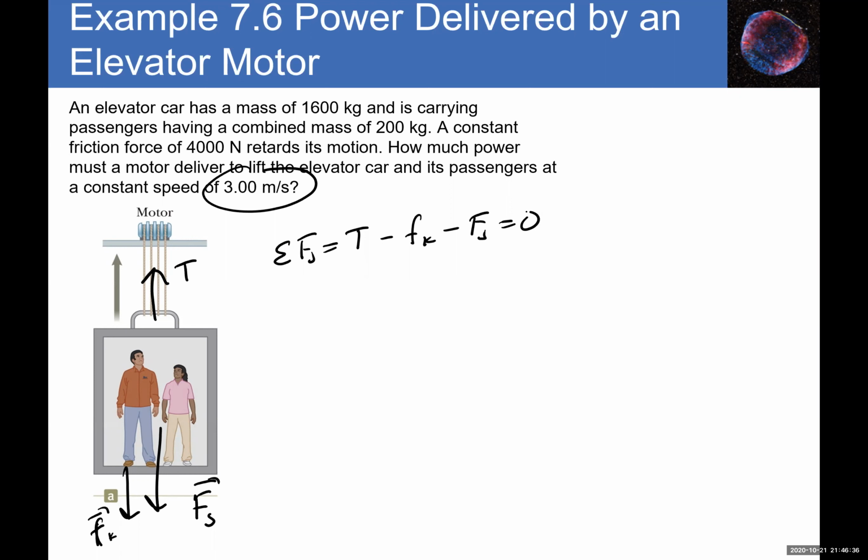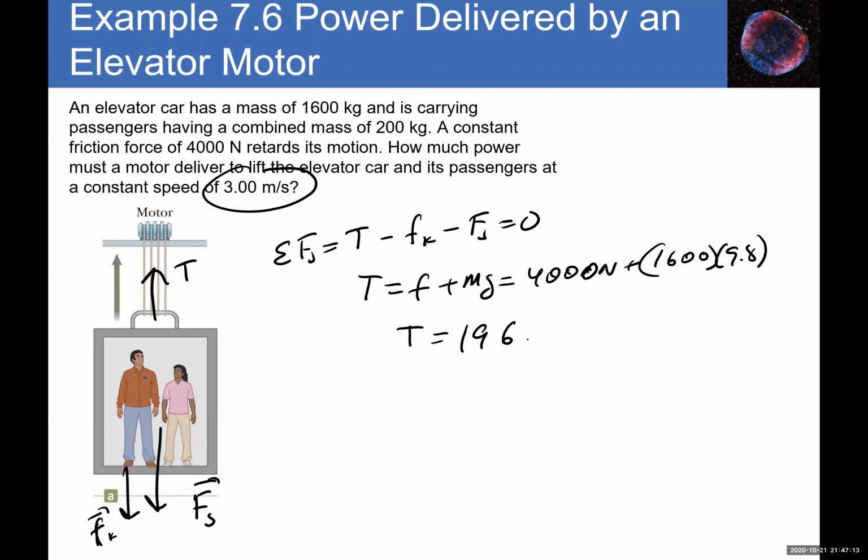That means I can solve for the tension, which is friction plus weight. So we have 4,000 newtons plus 1600 times 9.8. If I calculate, this is 19,680 newtons.